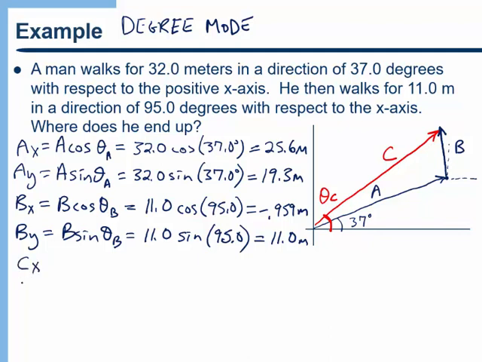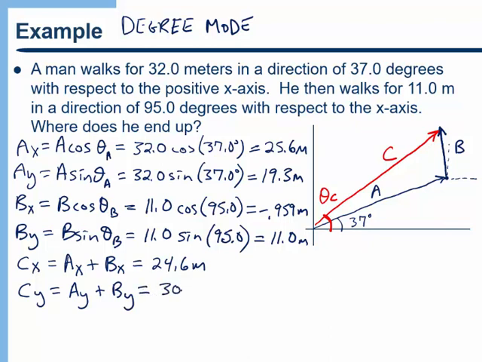Now, to find the components of our resultant vector, vector C, I'm just going to add AX and BX to find CX. And I got 24.6 meters for that. CY is AY plus BY. And I got 30.3 meters for that.